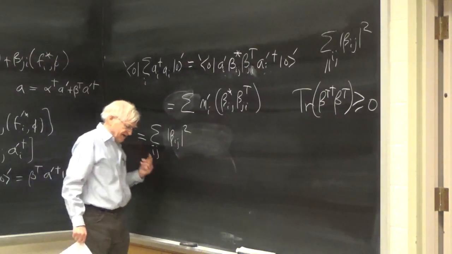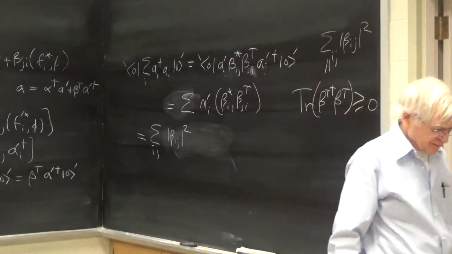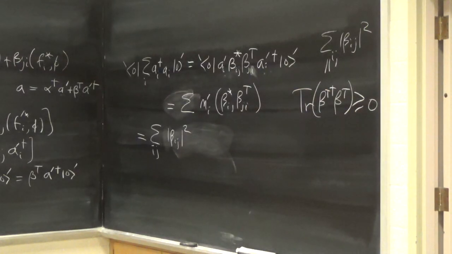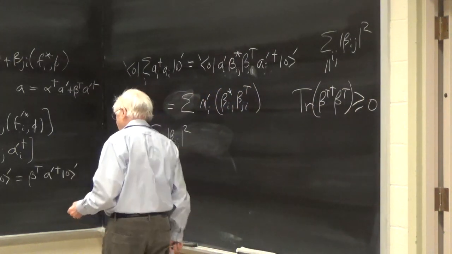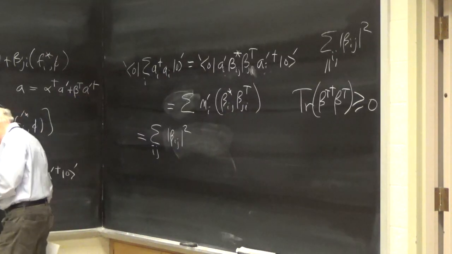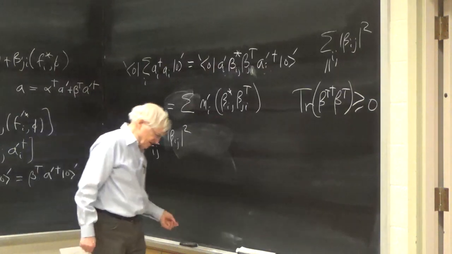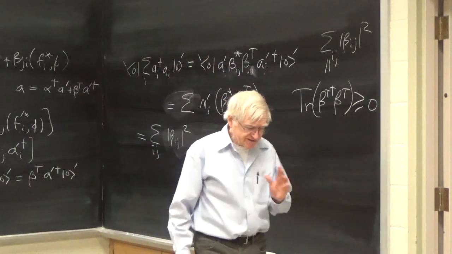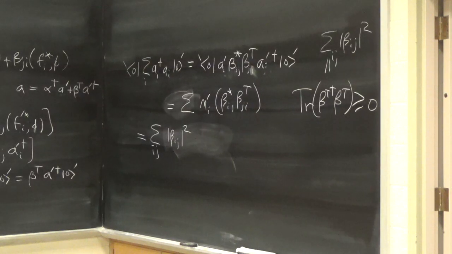Right, so basically the upshot is that there are always particles in the second vacuum, or to put it differently, from the point of view of one system, there are always particles in the vacuum of the other system, and from the point of view of the other system, there are always particles in the vacuum of the first system, as long as any of the betas are non-zero.